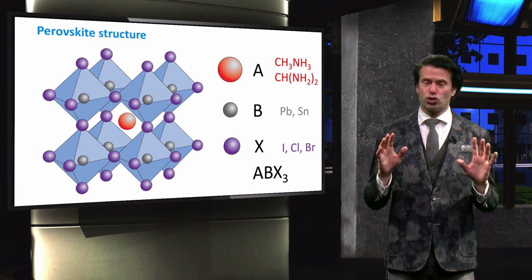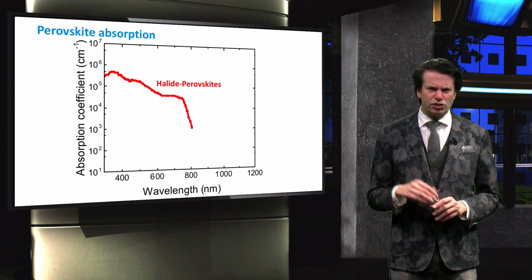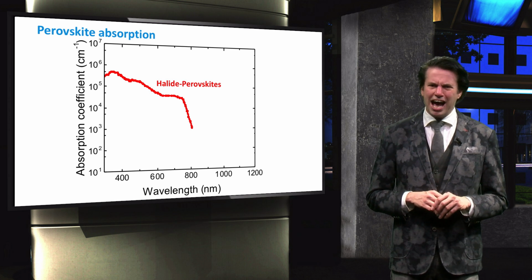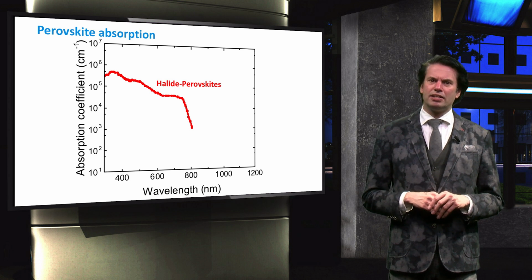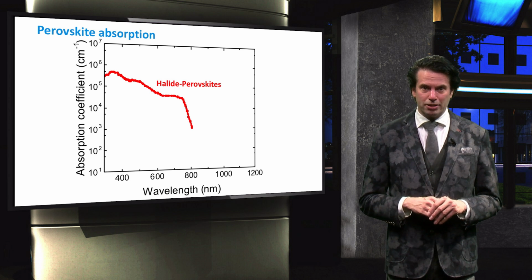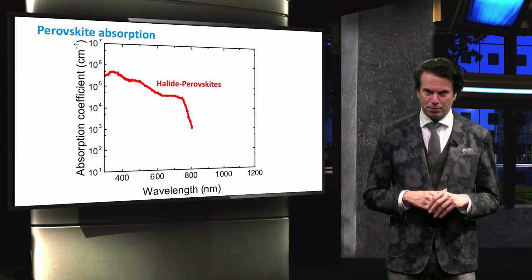Let's discuss some properties. Based on absorption measurements and simulation results, it can be concluded that halide perovskite solar cells have a material with a direct band gap. Here we see a typical absorption spectrum of a methylammonium lead iodide perovskite material. It has a relatively sharp band edge.